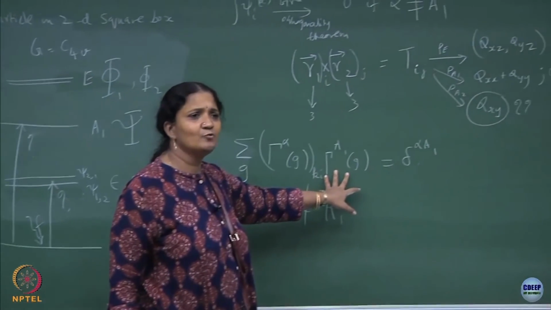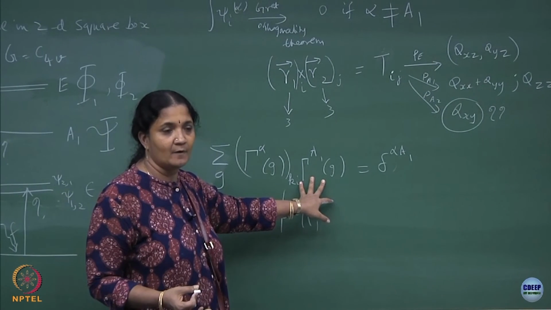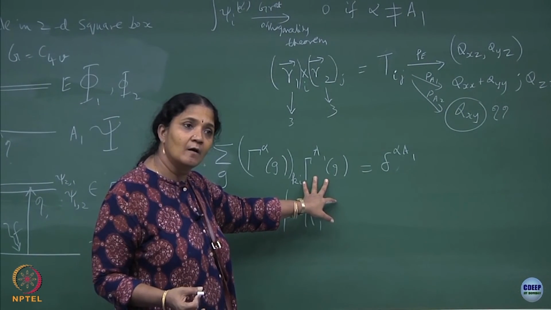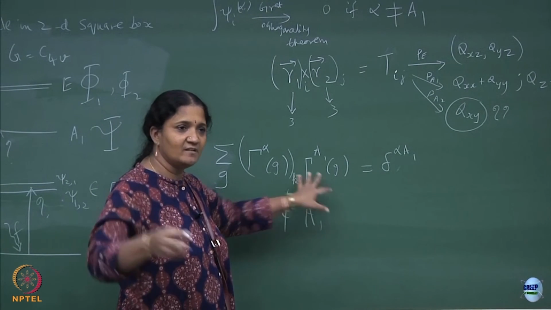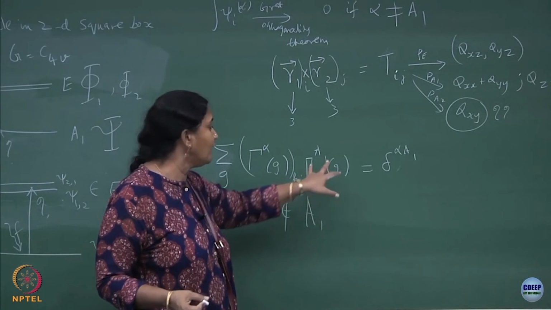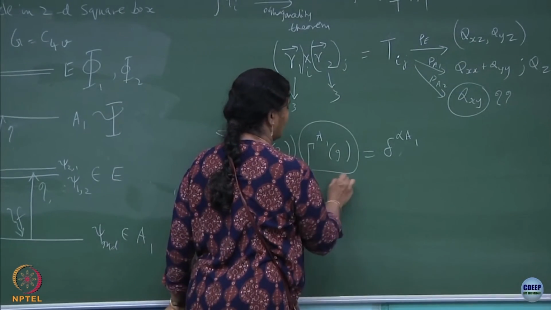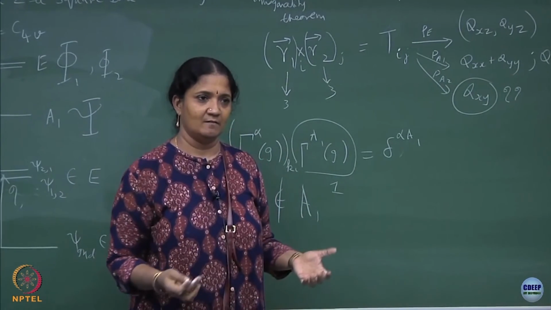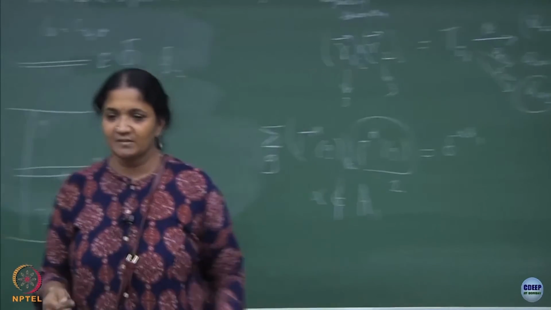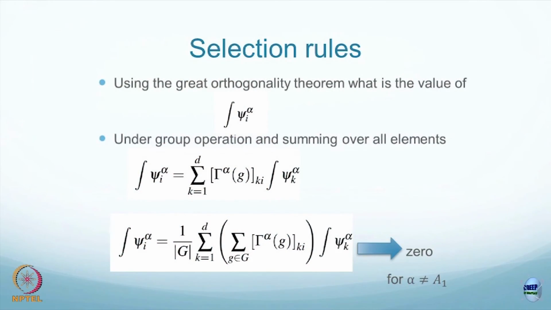No, nothing. A1 is a trivial representation whose character is always 1. You can always insert it any time. If you take B1, then that expression which I have written is same as this expression only when I put A1, because these are just 1. I am just inserting, see this expression which I have it on the screen did not have that gamma A1.